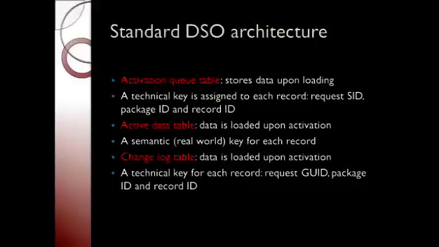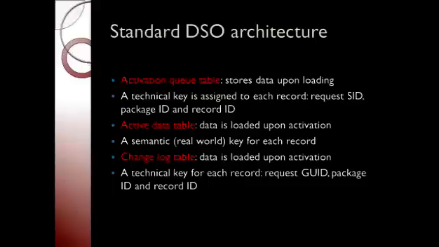And after activation, the active data table will then have data loaded, and each record there will be identified by a semantic or real-world key. Semantic or real-world key is the one that is used in the business to identify different data records.